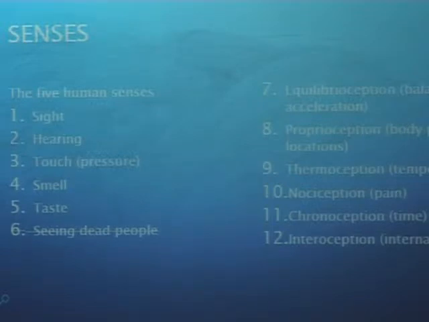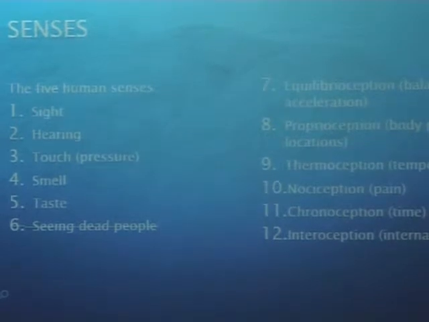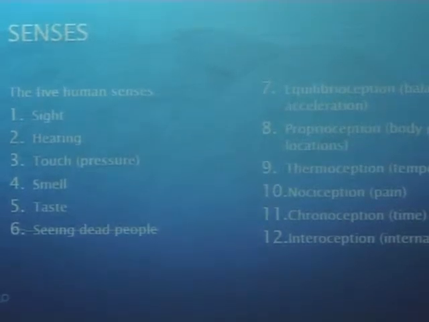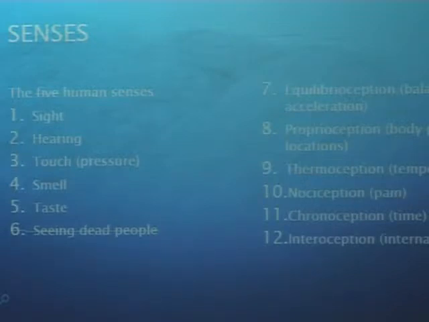Yes, actually, we have a ton of other senses as well. Well, I'm not going to go through all of them. Actually, there are way more than this also, because the last one is our internal senses, which is like hunger, being able to sense when you need to go to the bathroom, all kinds of internal processes.